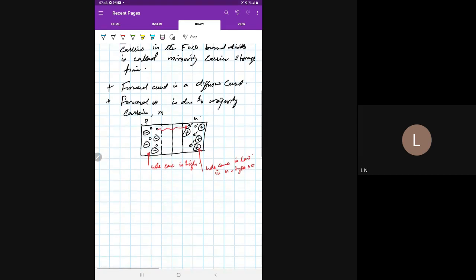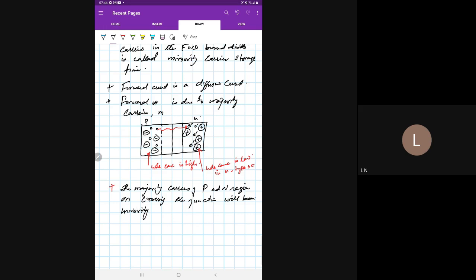Okay. So in this junction, the majority carriers of P and N region on crossing the junction will become minority carriers.